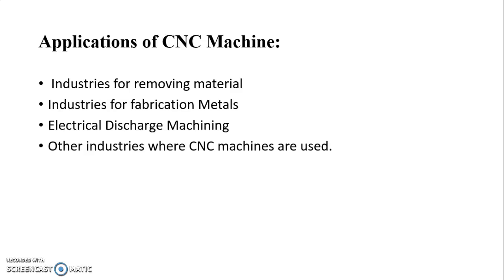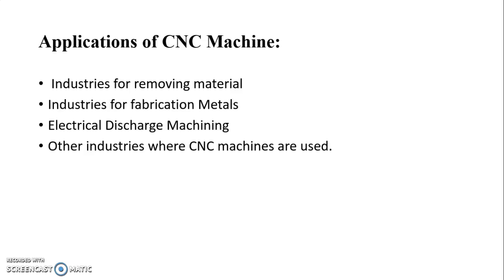Then there are some applications of CNC machines. So CNC machines are used in the metal removing industry, which removes metal from the raw material to give it the desired shape as per the requirement. For example, for making shafts, gears, various rounded, square, rectangular, threaded and other jobs.